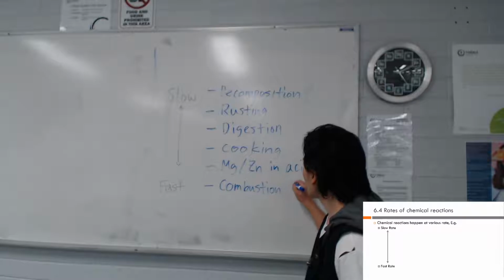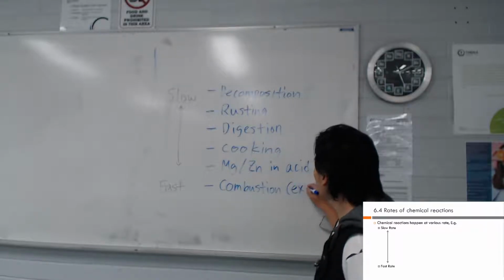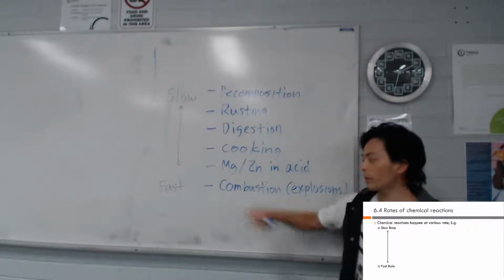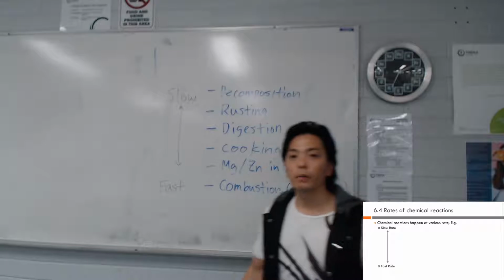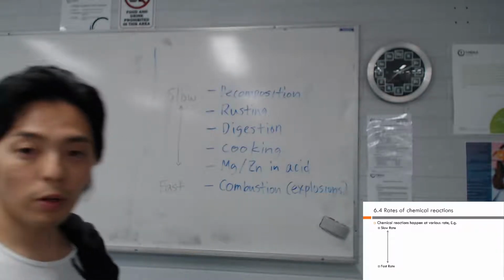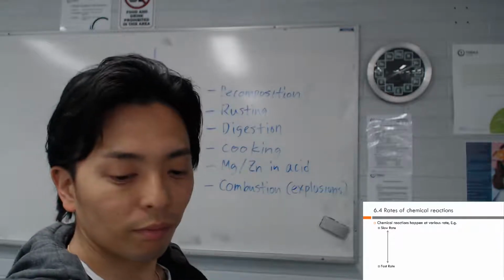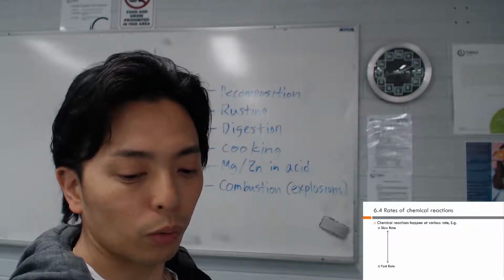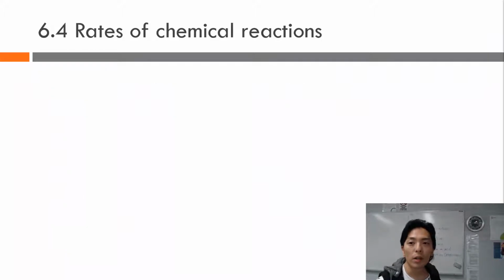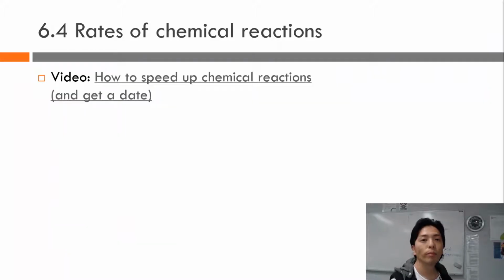So I'm just putting explosion here, because some combustions can take a few minutes. Now, add these to your list as well. There you go. And complete the list, or just make it more.